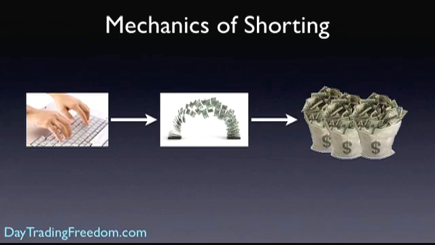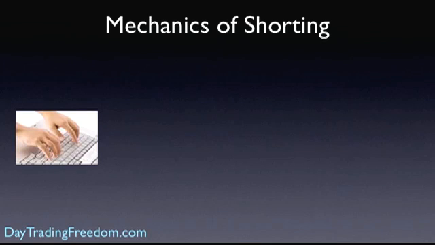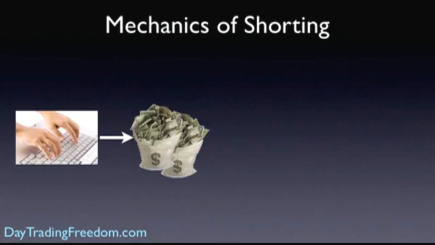We at some point need to cover our position so that we can give the stock back to the broker, which means we need to buy that stock back, and really what we want to do is buy it back at a lower price than what we sold it for. So when we come to cover our short position, we place our order to buy the stock, and we pay for that stock with the funds that we've got in our account. Now hopefully the price has gone lower, so we're paying less money out than we were credited when we sold the stock.